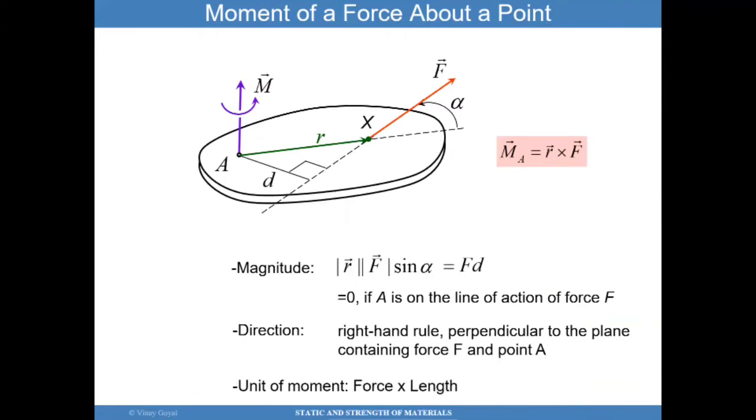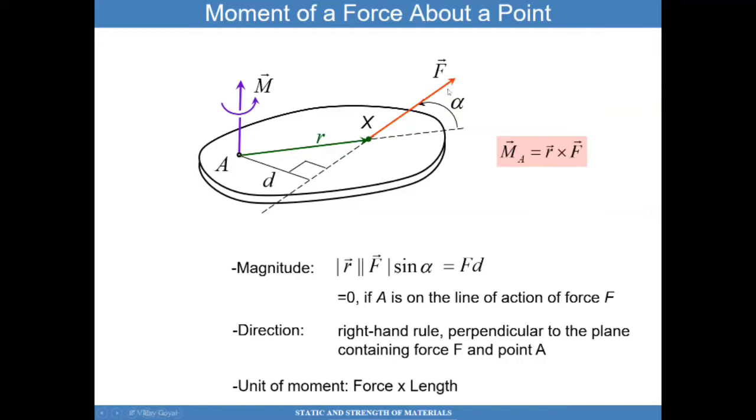I also want you to note something. For example, here I drew a position vector R to where the force F is applied. And a way to calculate the moment is R cross F. That's what we explained. And here's another diagram showing the same thing.